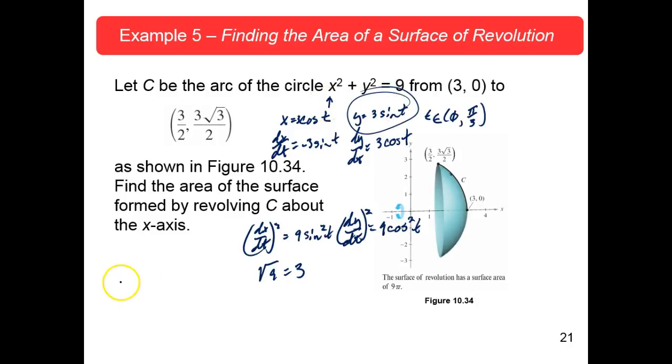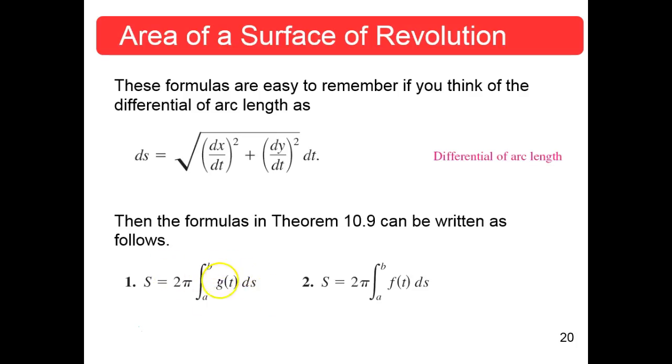So let's write down our surface area. Find the area of the surface. S is equal to 2 pi times the integral from 0 to pi thirds. Your g of t, your y value, is 3 sine t, okay, and then your ds is this thing up here.